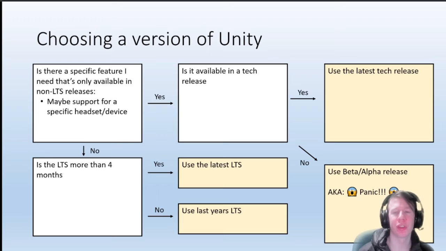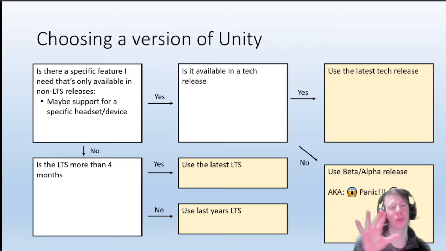I have this simplified graph that's how I decide what version of Unity to use. The first question I ask myself is: is there some specific feature that is only available in a tech release or a beta release that I need for my application? One of the tricky things with these VR headsets is they're constantly evolving. The Oculus Quest just announced in the last 2 days a new feature where you can see people and cats and dogs walking into your VR space.